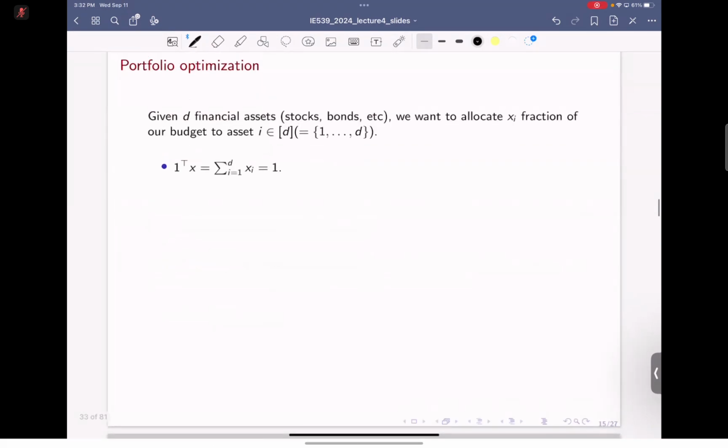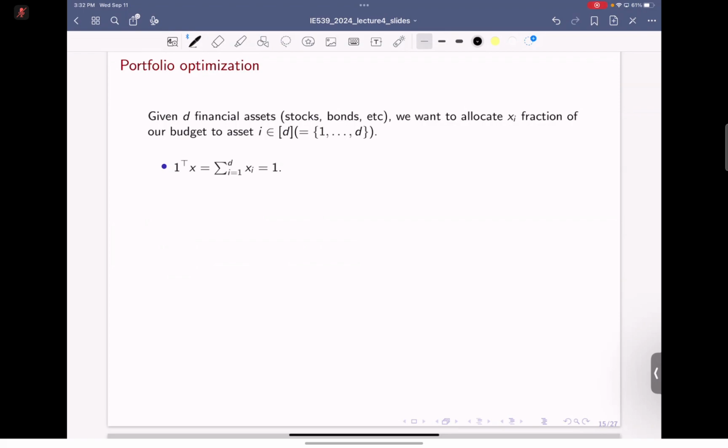Anyways, okay, let's move on. Today I'll talk about a couple of examples, and in the next class, I'll talk about the others. So the first one is called portfolio optimization, and I'll explain the problem in the context of financial planning.